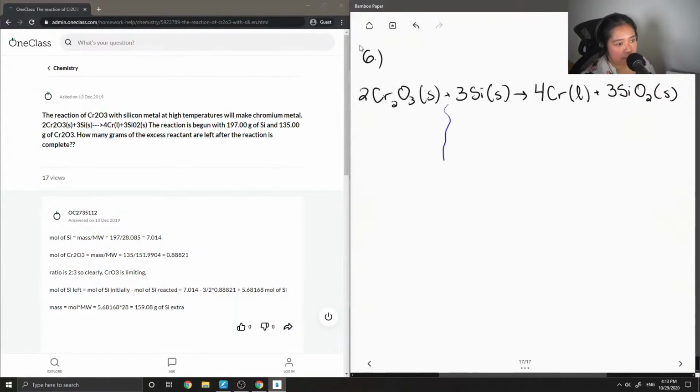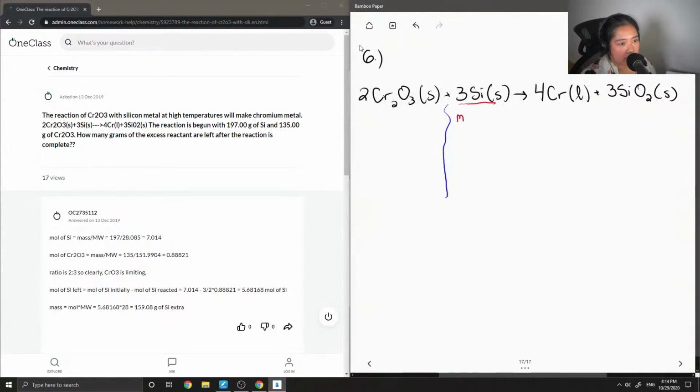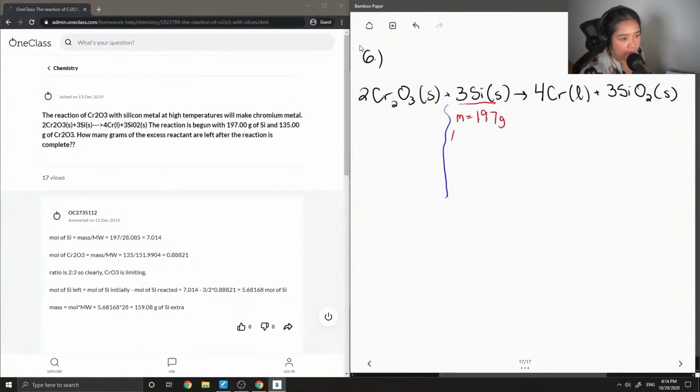Just going to separate what we know from the chromium oxide reactant and the silica. So we know the mass of silica is equal to 197 grams. And I'm also going to write out the molar mass of silica below it.